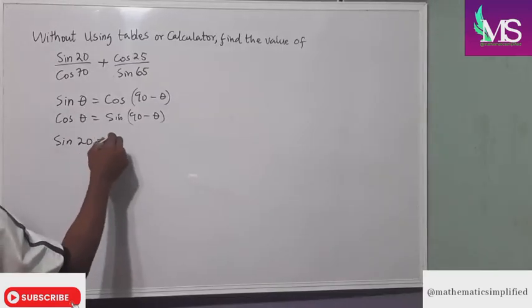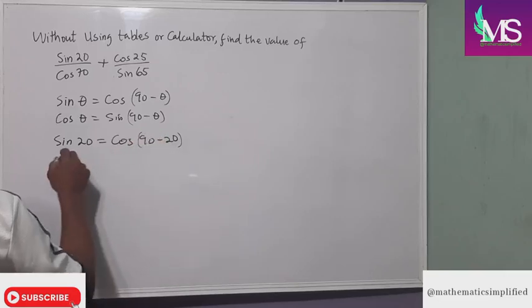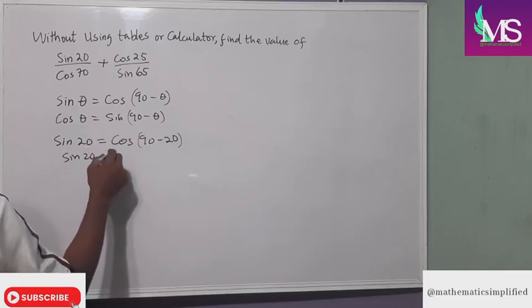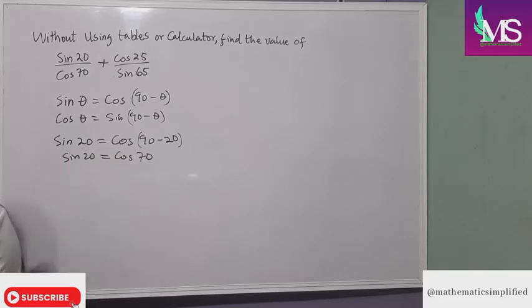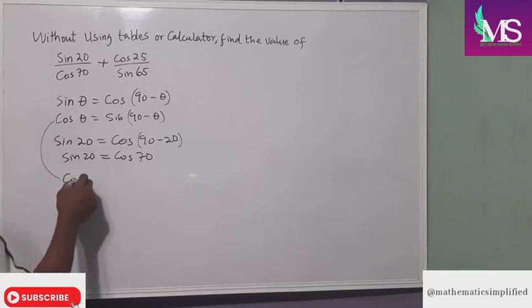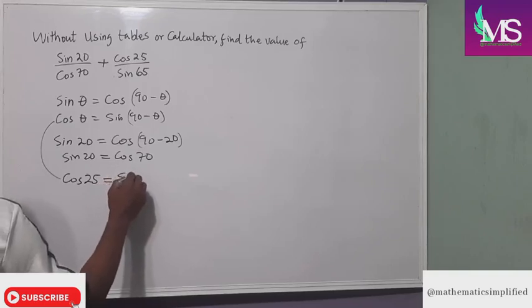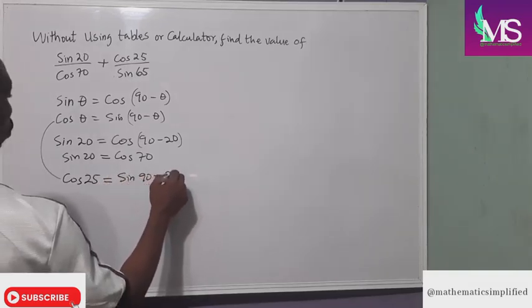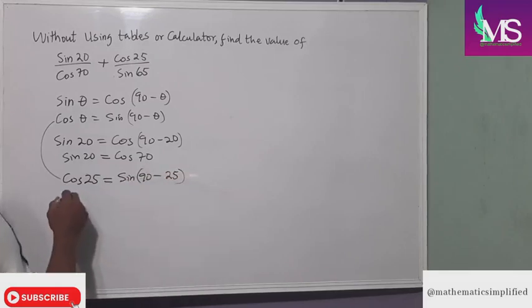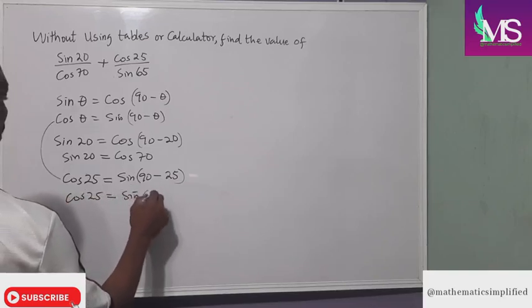Alright, now applying this, we know that sine 20, where 20 is theta, equals cos 90 minus 20. So our sine 20 is equivalent to cos 70. Likewise, cos 25 is equivalent to sine 90 minus 25, so cos 25 is equivalent to sine 65.